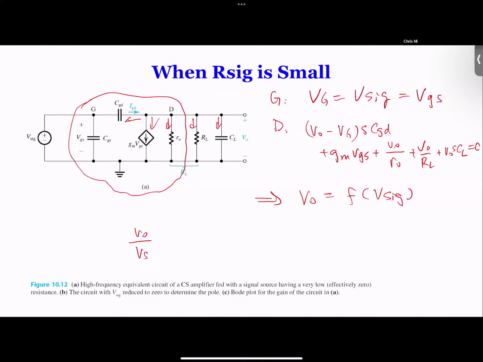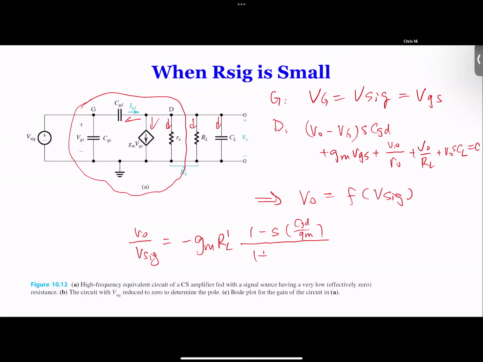VO over VSIG is equal to minus GM. The reason I have to write this out is that this is an important equation to understand, what it means to us. So it has 2 components. The top is 1 minus S times CGD divided by GM.